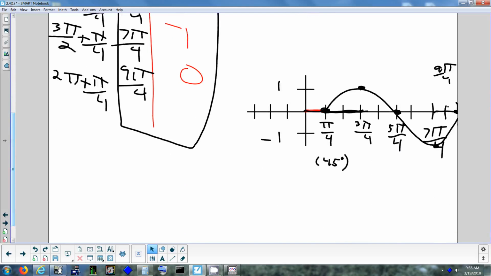You'll know if you do a point wrong, because if you draw your points and one part of your graph looks really squished and then the other part looks really stretched, it's not nicely spaced, then you know something's wrong. Here, they all look nicely spaced, so we're good. Okay, so that's a phase shift.